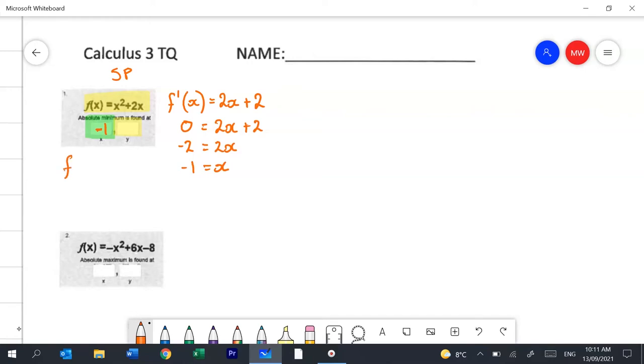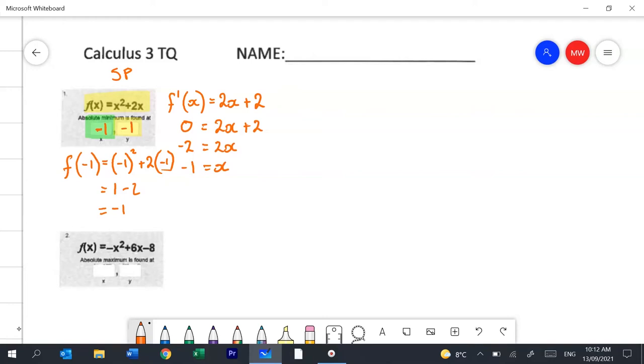It's just the normal equation where x is minus 1, and so it's x squared plus 2 times x. And now I'm going to solve that. So I've got minus 1 squared is 1, and then I've got 2 times minus 1 makes minus 2. So this one is minus 1, and I've got those two values.